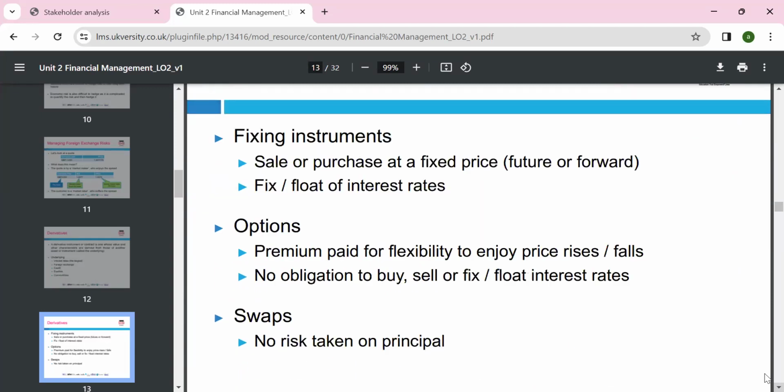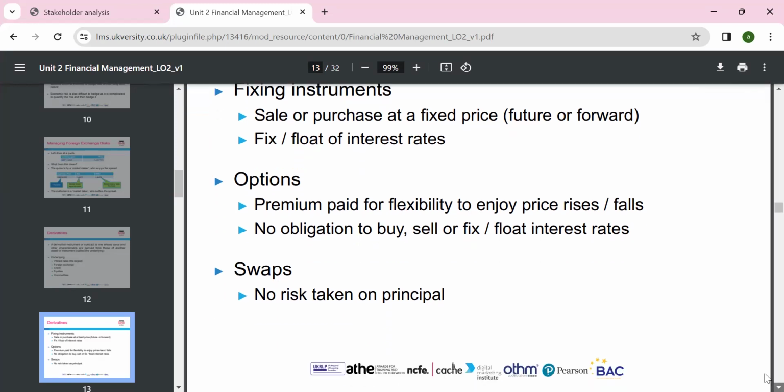Derivatives fix the price of the instrument for sales and purchases, like futures and forwards. For example, many energy companies earn millions from gas and electricity prices, but they have a contract for the future, so their price does not increase, though the actual new price is different. Options have a fixed or floating interest rate, a premium paid, flexibility to enjoy price rises and falls, and no obligation to buy or sell.